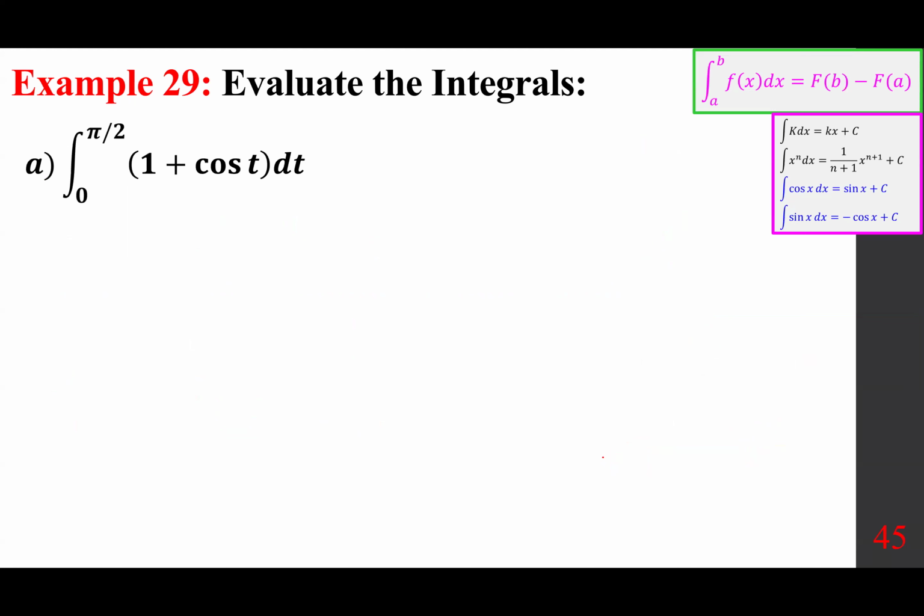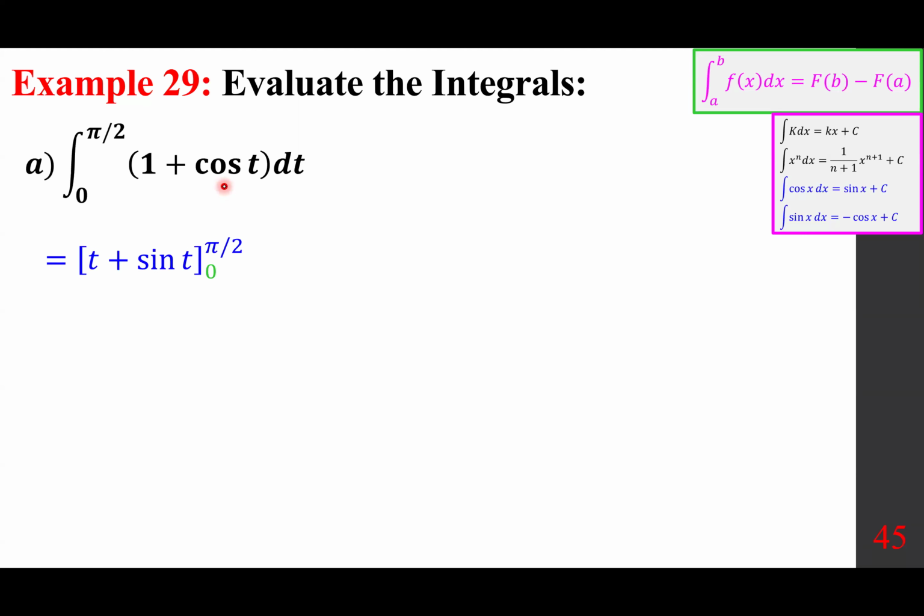Let's get a couple of questions. We've already done these integrations. We just didn't do the definite integral. I hope you remember that for this one, the independent variable is t, so it's t plus sine t, because the derivative of cosine is negative, but the integral is positive sine.